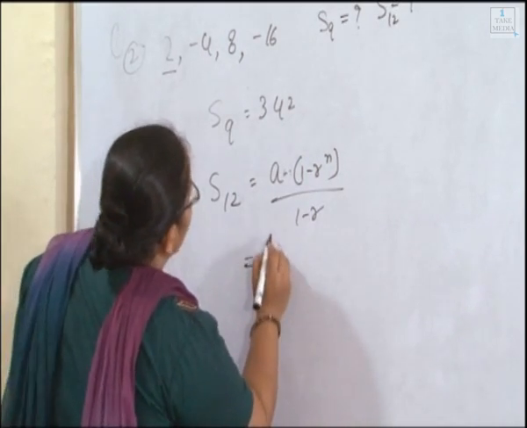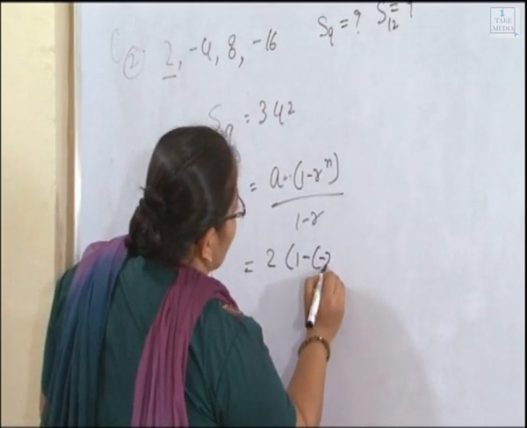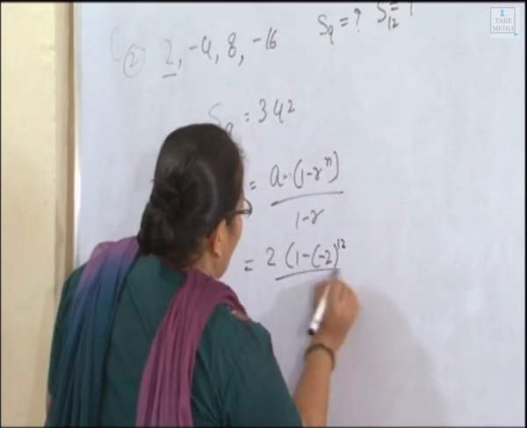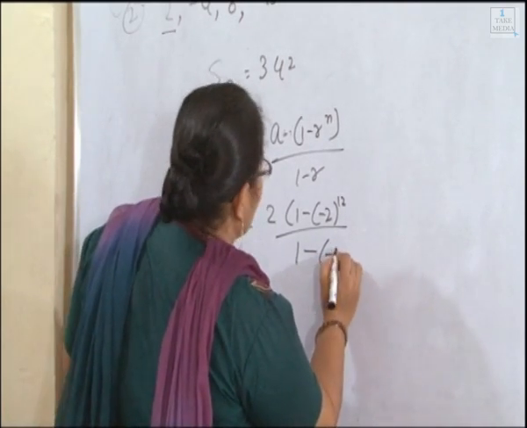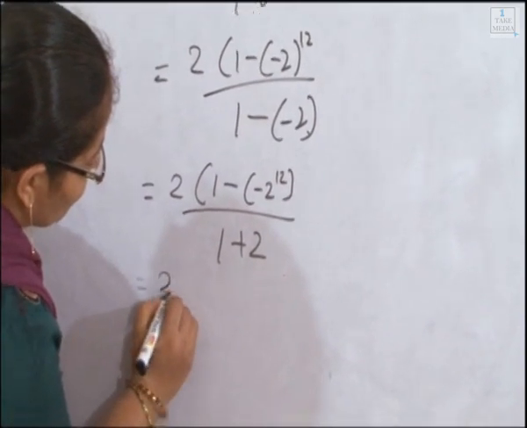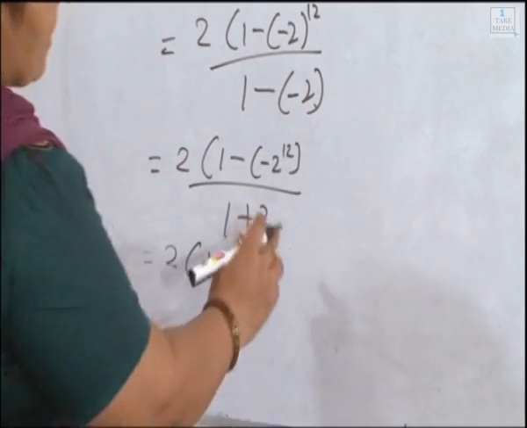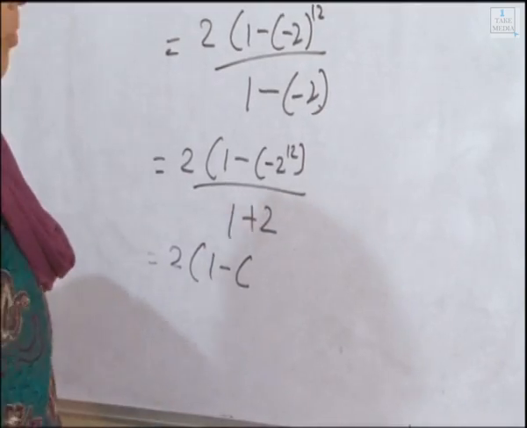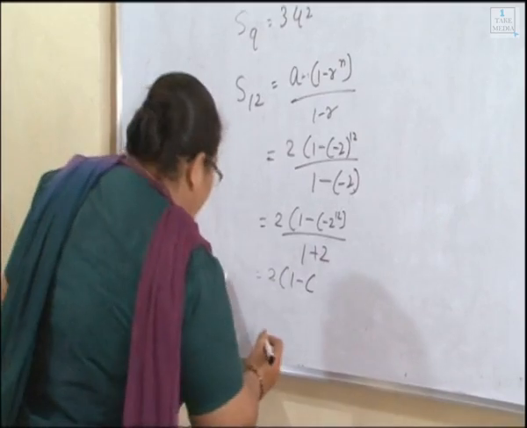So the A value is 2, the r value is minus 2, and the n value is 12, upon 1 minus, this r value is minus 2. So 2 times 1 minus 2 raised to 12. See, the power is even, so the negative sign goes away, because if the power is even, the answer comes positive.